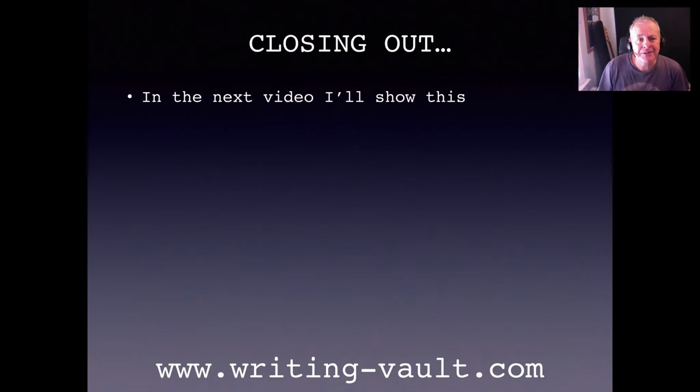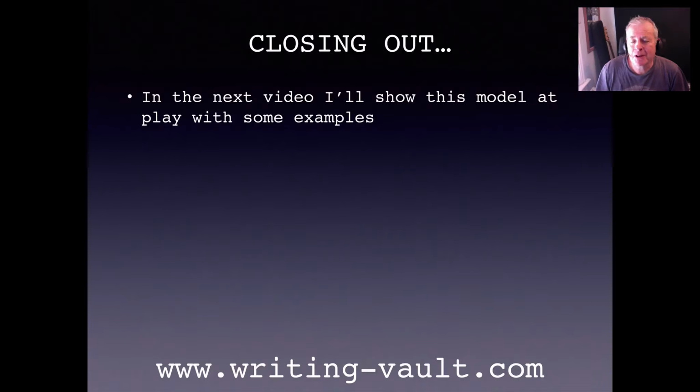So, closing out. In the next video I'm going to show this model at play with some examples from films, and I often use film examples rather than novel examples because most authors have a much more consistent library of films that they've seen than books that they've read. So if I use books, I could choose, say, 5 books, but there's a good chance that you won't have read all of those books.